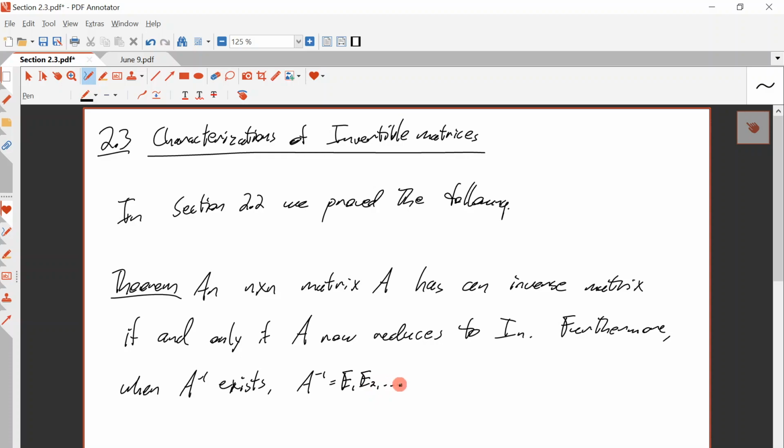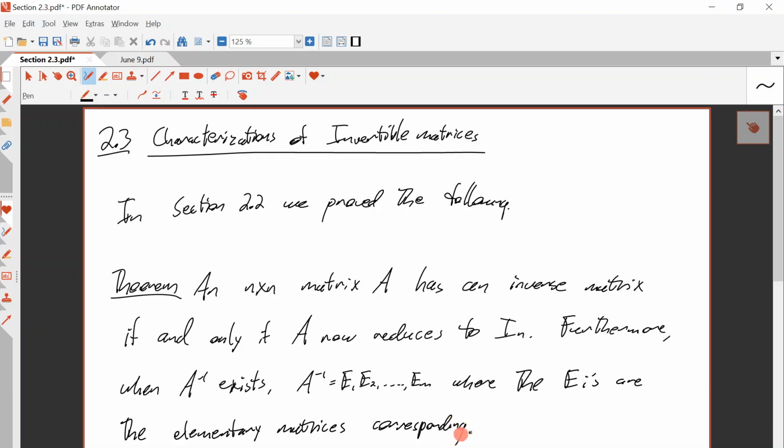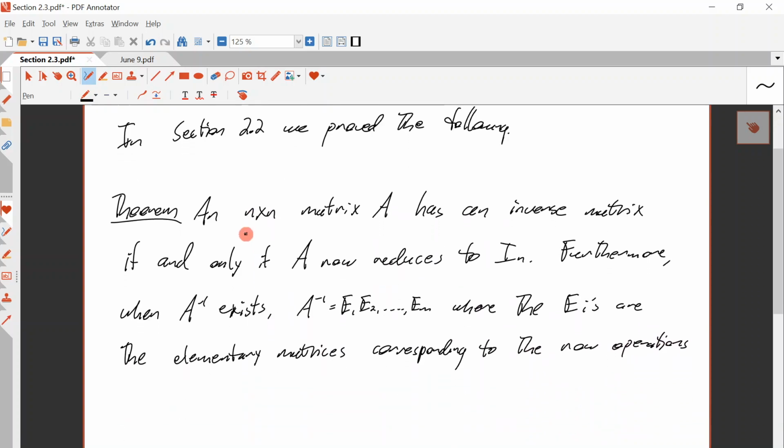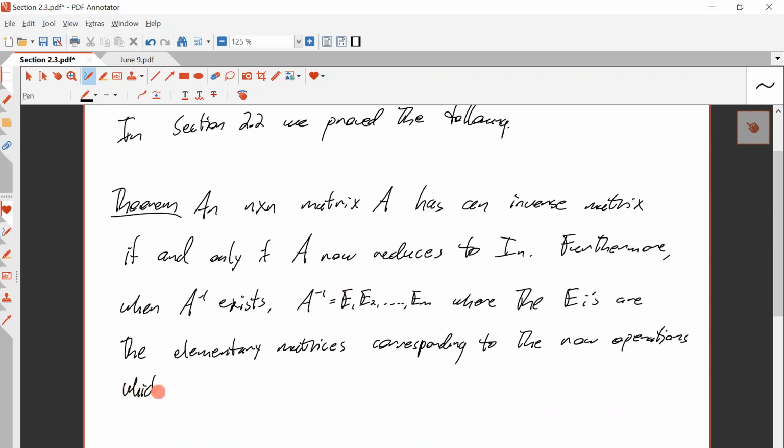E1, E2, ... Em, where the Ei are the elementary matrices corresponding to the row operations which reduce A to the identity.